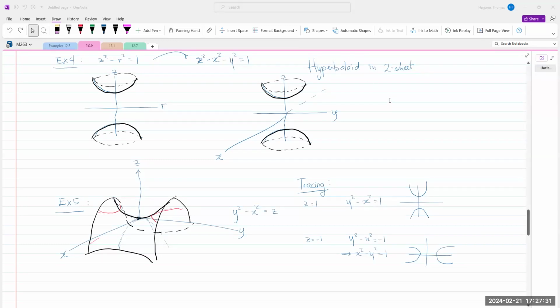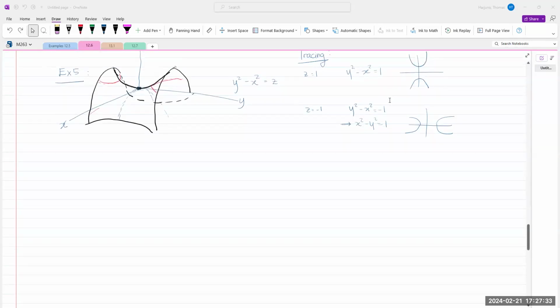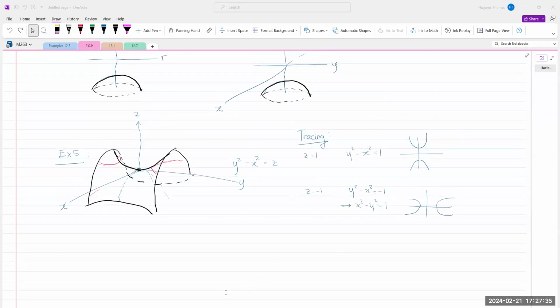Now, with that said, let's do some problems from our textbook. Let me pick a question, and then we try to put things together.